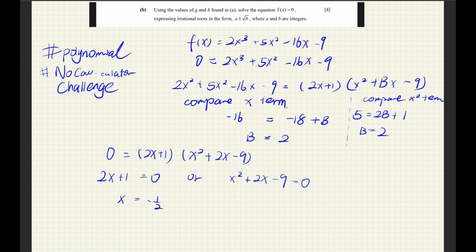See if we have any requirement on the method, expressing irrational roots in this form where a and b are integers. That means we cannot press the calculator and just give the result. We must use some legit method to find out the solutions. So let's see, what method would you use?